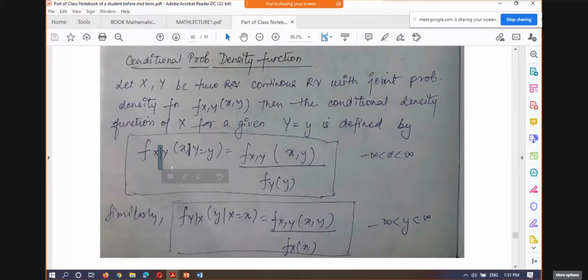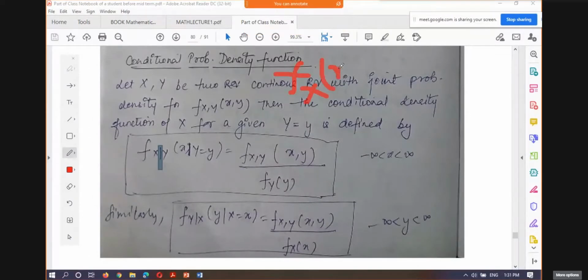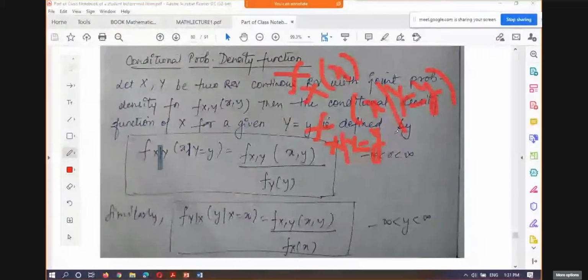So this notation is used to define the conditional density function of x when it is given that Y equals small y.